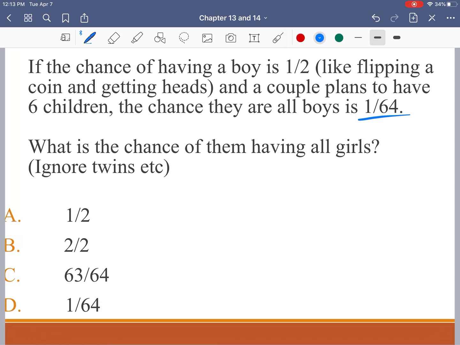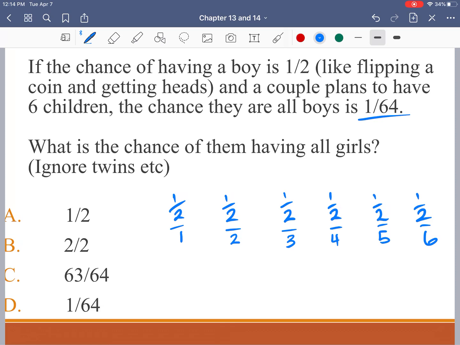So for the probability of the baby being a boy, we have 6 babies: baby 1, baby 2, baby 3, baby 4, baby 5, and baby 6. There's a 1/2 chance of the first baby being a boy, 1/2 chance of the second baby being a boy, 1/2 boy, 1/2 boy, 1/2 boy, 1/2 boy.